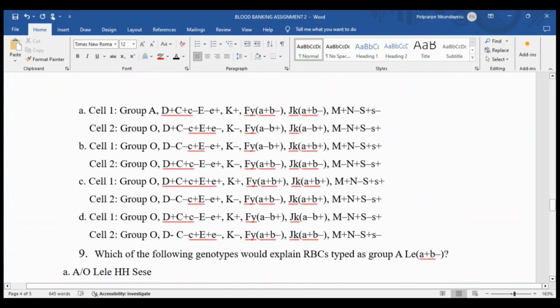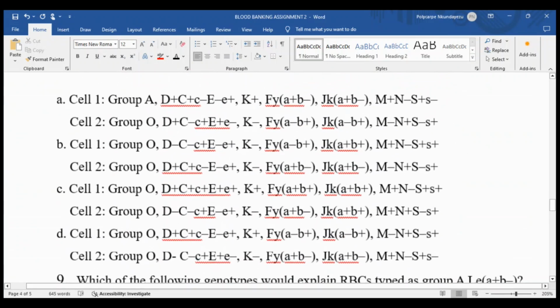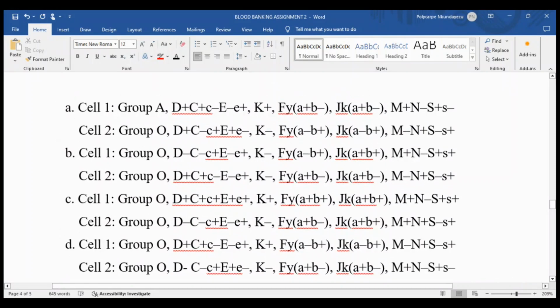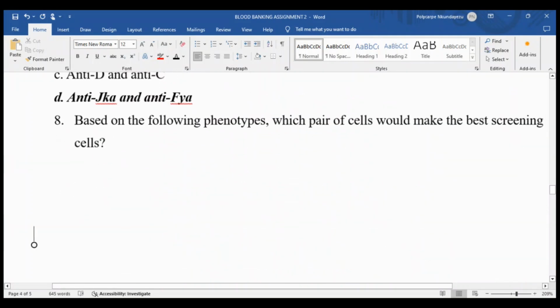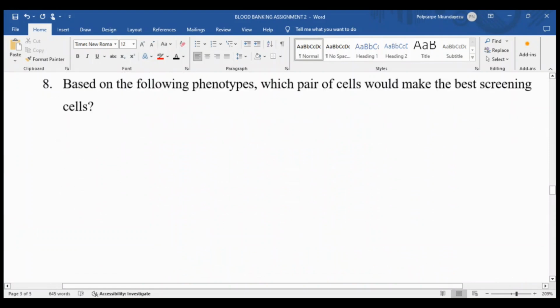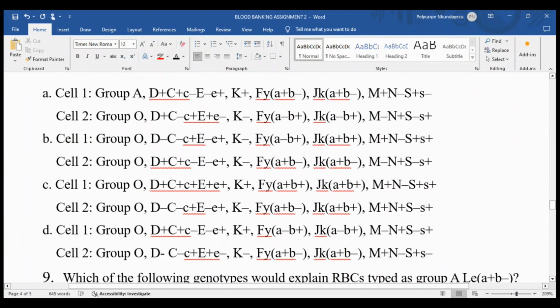So try to identify this pair, A, B, C, D. Which is the best for us to use as a pair of screening cells? Which will make the best screening cells among these pairs?